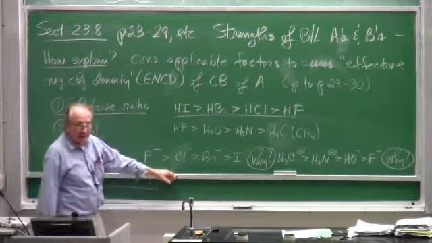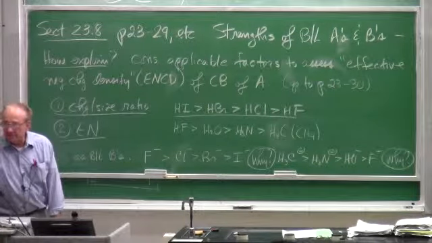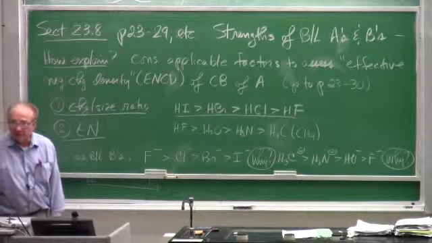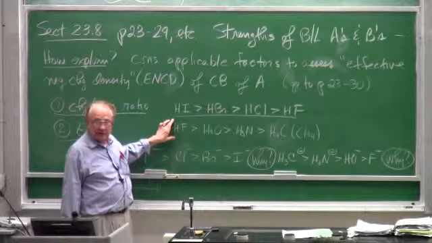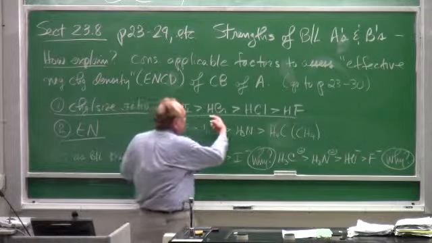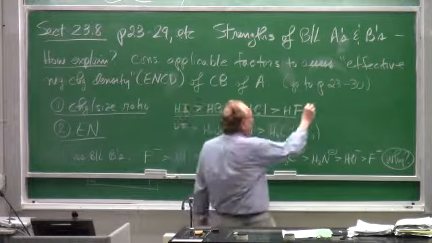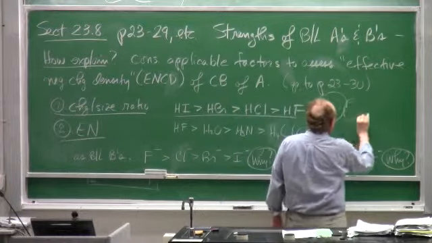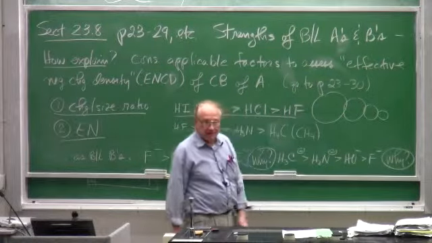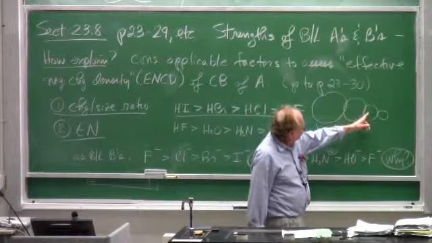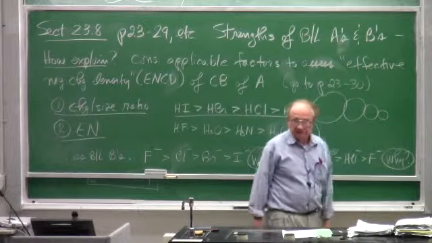So with this information, you can now explain why, for this series of in-family acids, HF is the weakest because fluoride ion is the strongest conjugate base, and HI is the strongest because I- is the weakest conjugate base of the conjugate bases derived from these four acids. If you drew size pictures, you'd have something like this: I minus, Br minus, Cl minus, F minus.